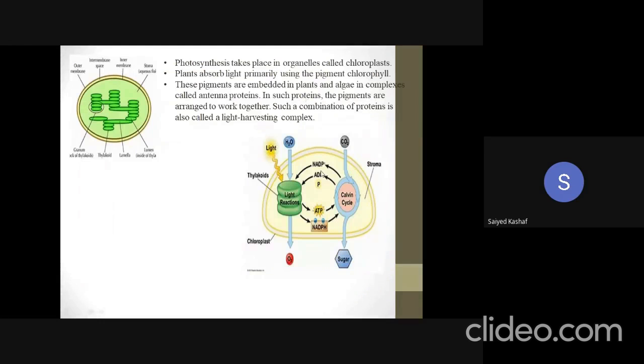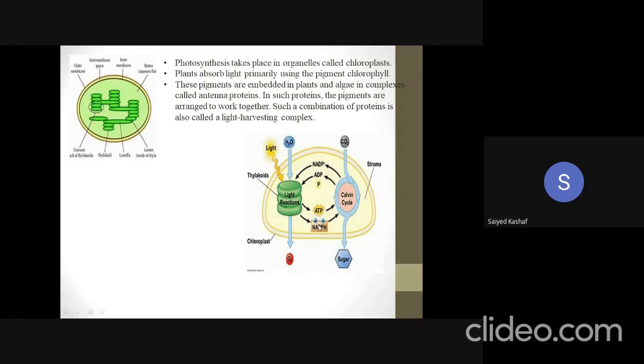This is the summary of today's session, in which the light reactions take place in the thylakoid membrane. Our prime objective of the light reaction is to produce assimilatory power, that is ATP and NADPH, which are rich in energy.